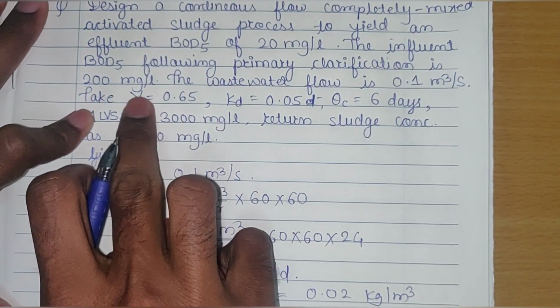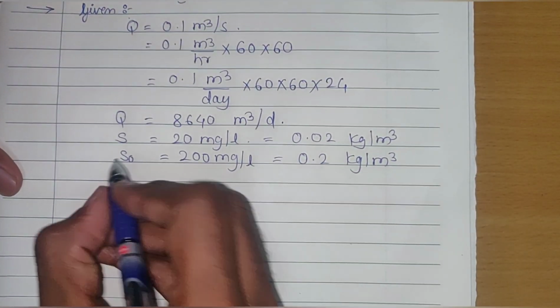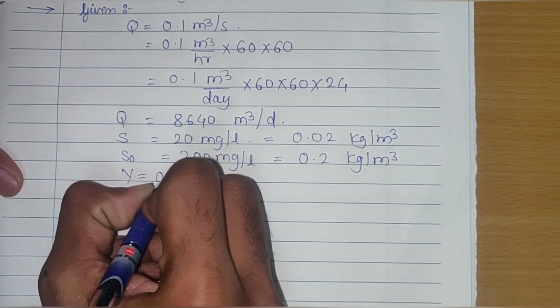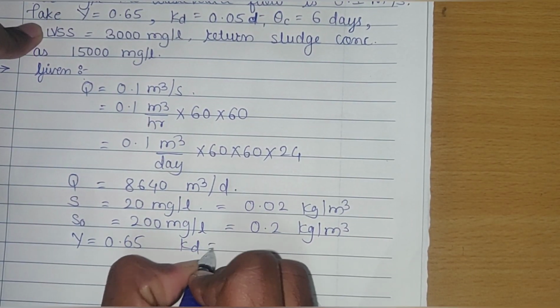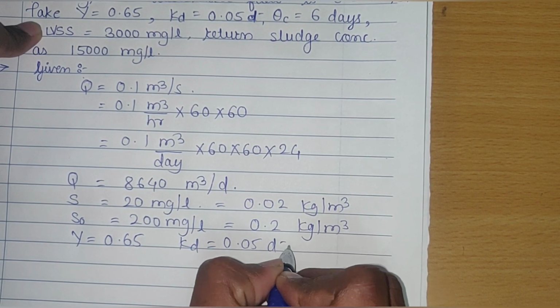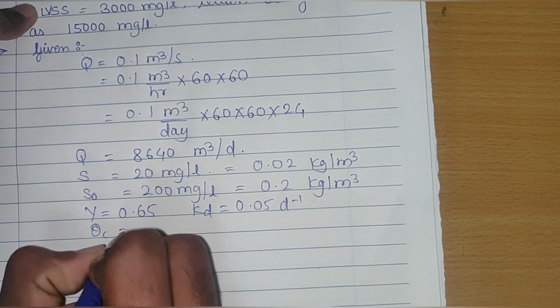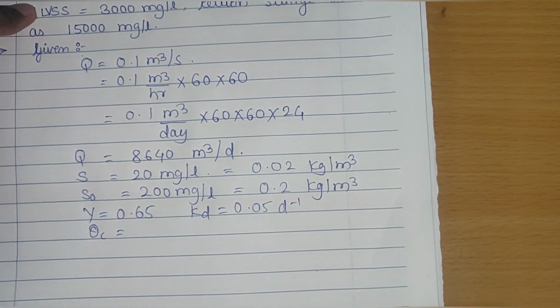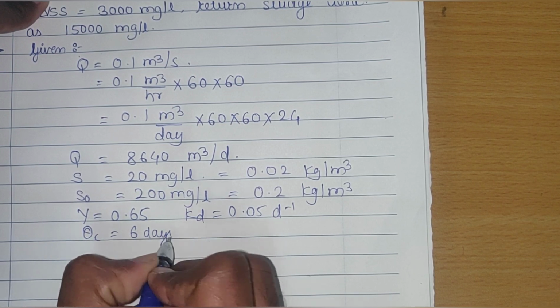What is given? Kinetic constants are given. Y is equal to 0.65. Then decay constant is 0.05 per day. Then theta C, solid retention time or mean cell retention time, is 6 days.